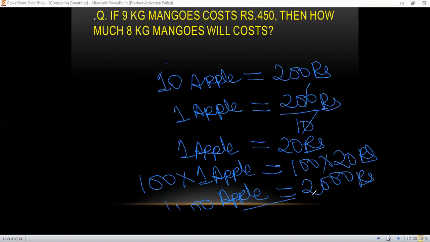In a similar way, you can find the cost of any item.